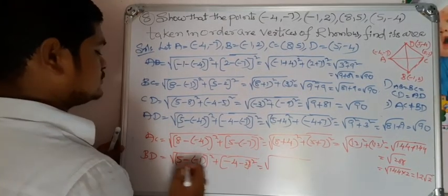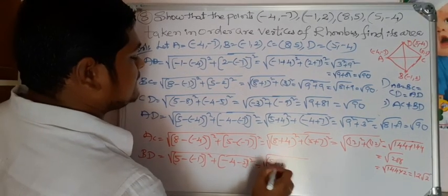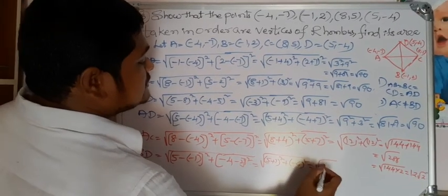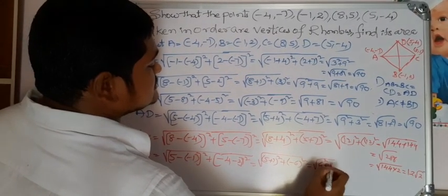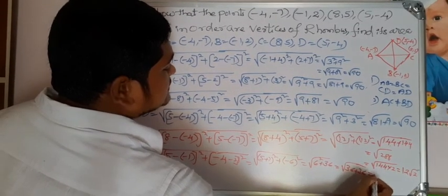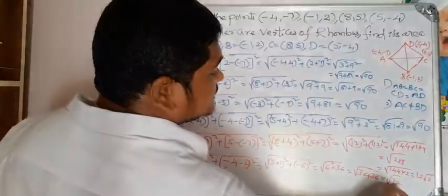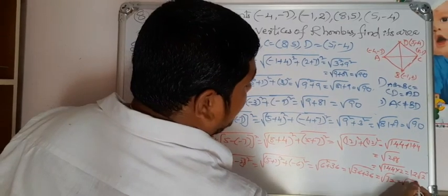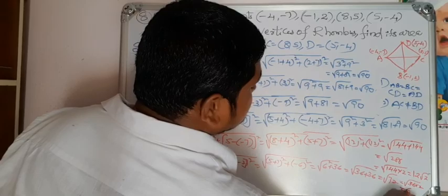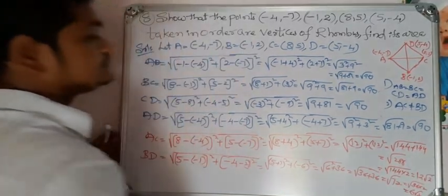So this is equal to 5 plus 1 whole square plus (-6) whole square. 5 plus 1 means this is 6 square, and (-6) whole square is 36. Overall that is 36 plus 36, equal to root 72. You write this as 36 into 2. Root 36 is 6, so I can write this as 6 root 2.